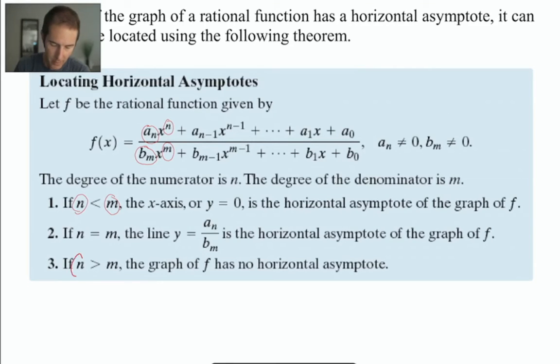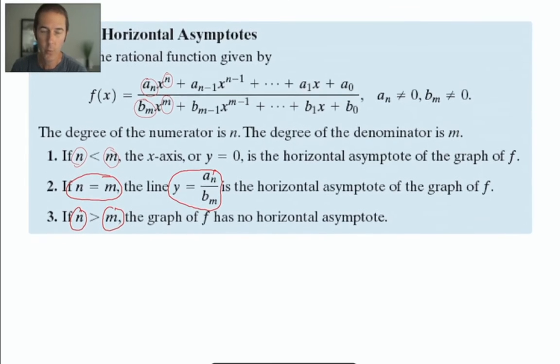If n is greater, that the degree of your numerator is greater than the degree of the denominator, then you will not have a horizontal asymptote. And if it happens that the degree of the numerator and denominator are the same, then this will be the equation of your horizontal asymptote. Y equals leading coefficient over leading coefficient.